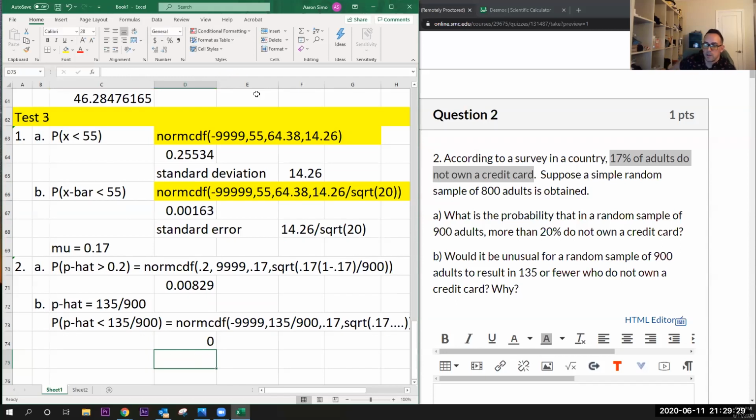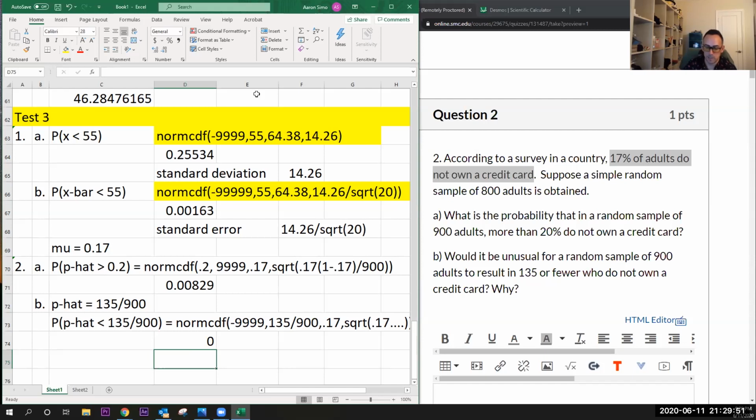So did you get that? Whoa, 0? Did you get 0? A really small probability. Something pretty small.